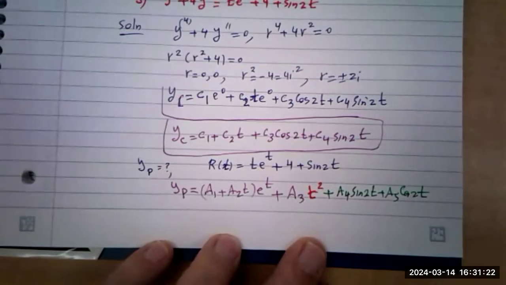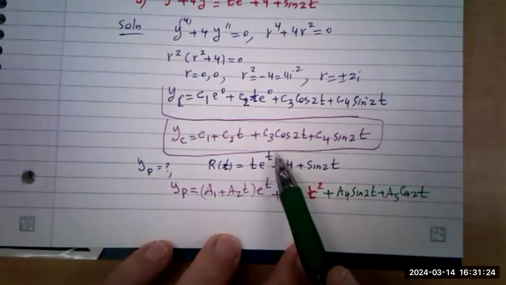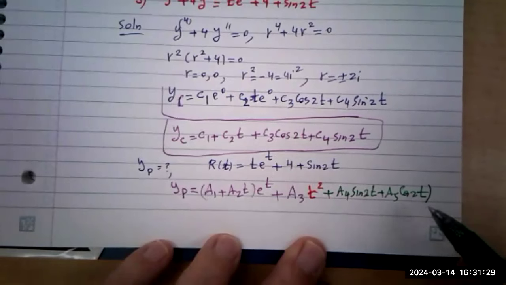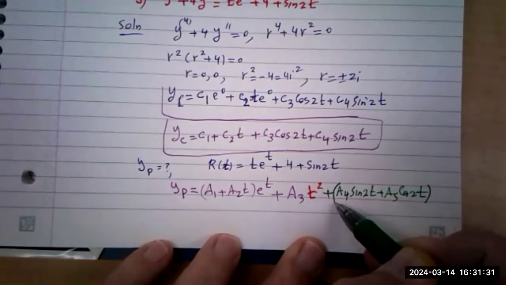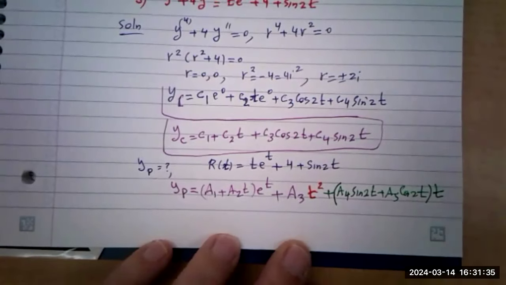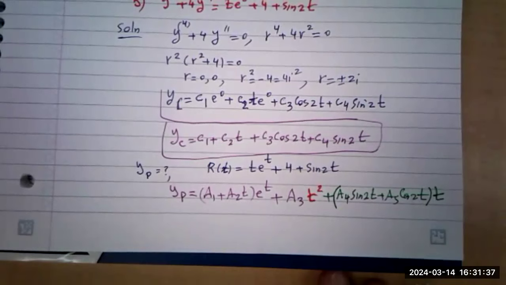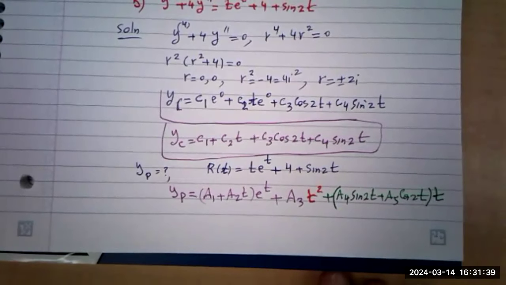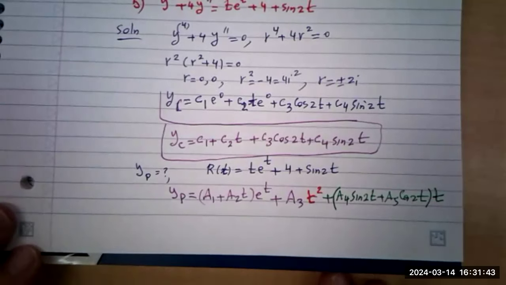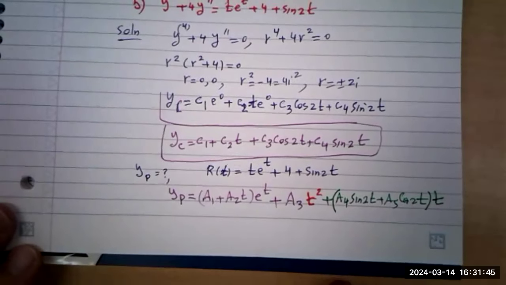And we check to see, you see both of them are here, so it's duplicated, so we have to multiply by t. Remember, you just multiply this one by t, not all of them together. Take each one of them separately. That's it. So that's the most general one that you can have for this group.